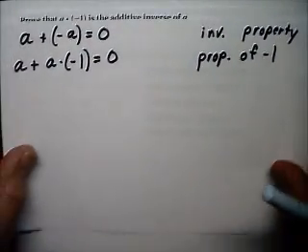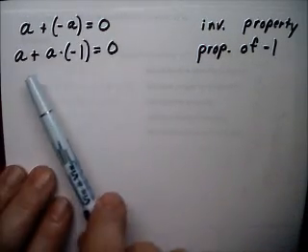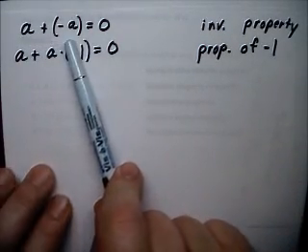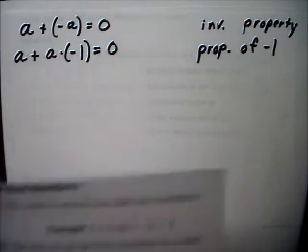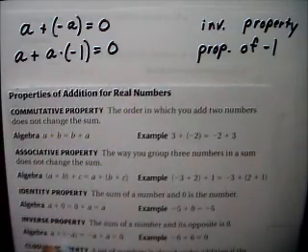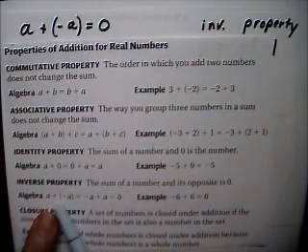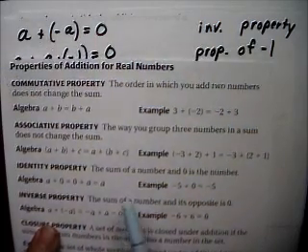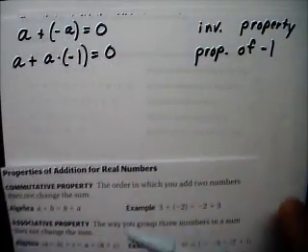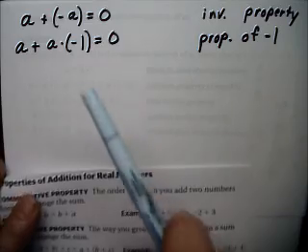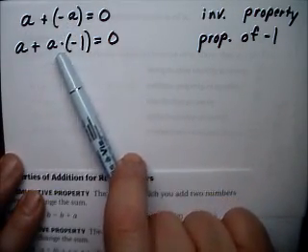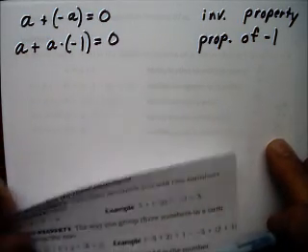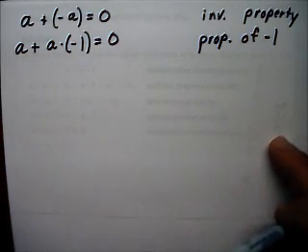Here's another one I put together. A plus or minus a, that's the inverse property. See, the inverse property right here, a plus or minus a, that equals 0. A plus or minus a equals 0. And then I said minus a is the same thing as a times a minus 1.